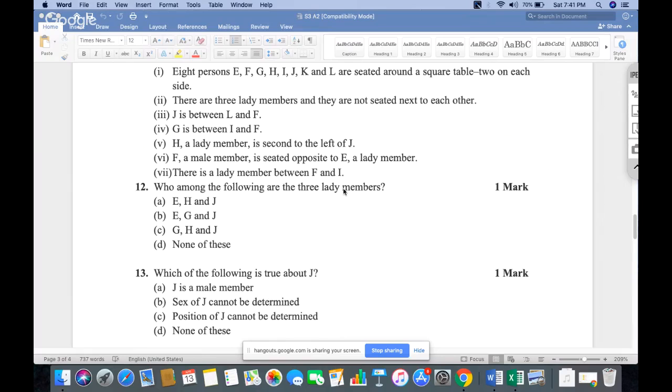Anyway, what has been told in the question that E, F, G, H, I, J, K, L. It means that 8 people are seated around a square table, 2 on each side. So here is the square table.